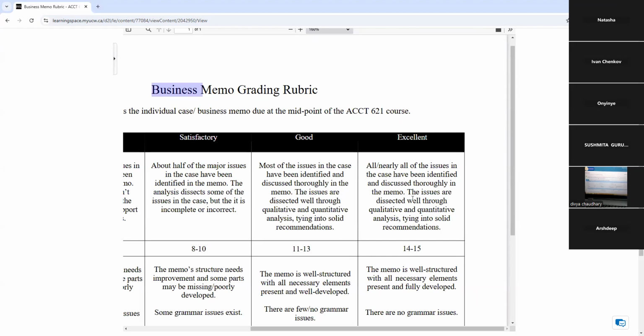A recommendation will be considered a recommendation only if you clearly say, my recommendation is to go with the corporation. My recommendation is, let's say, improve your credit policy for the new customers.